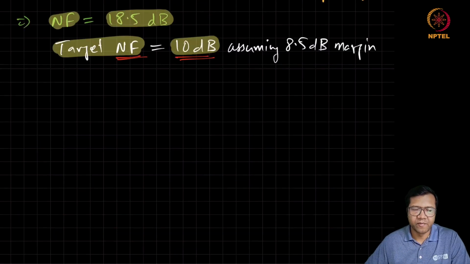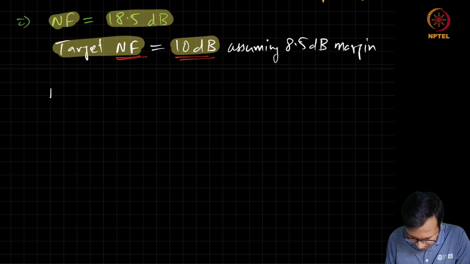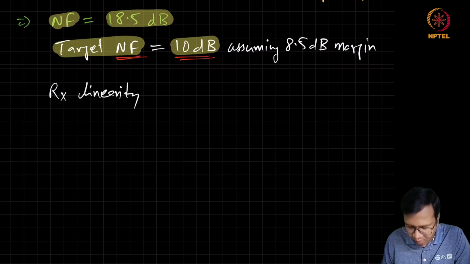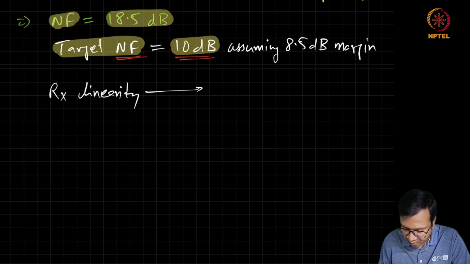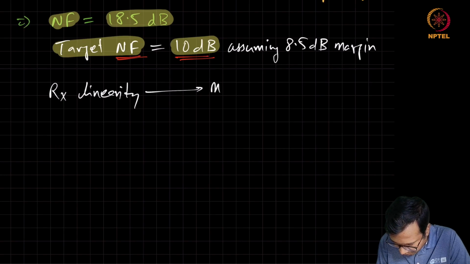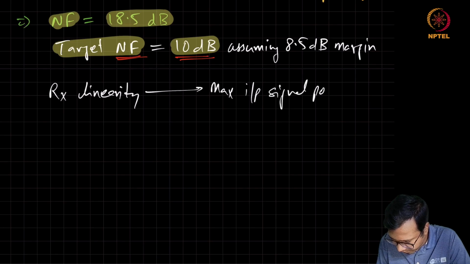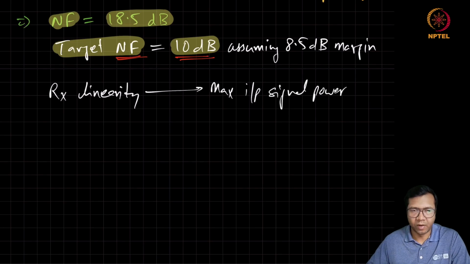So the next specification for the receiver is its linearity. So this RX linearity can be found out from the standard. So the standard gives two aspects of the receiver. One aspect talks about the maximum input signal power which it needs to handle.